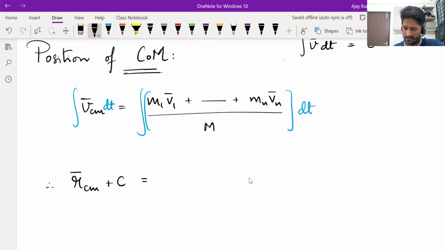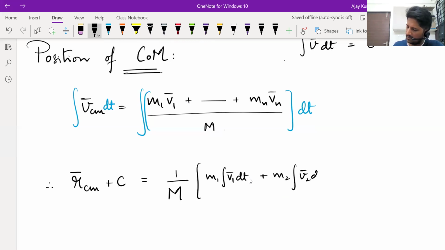We'll again make that constant 0 only. On the right hand side, the total mass of the system is constant, so put it outside. You will be left with integrals like this: m1 integral v1 dt plus m2 integral v2 dt so on up to mn integral vn dt.